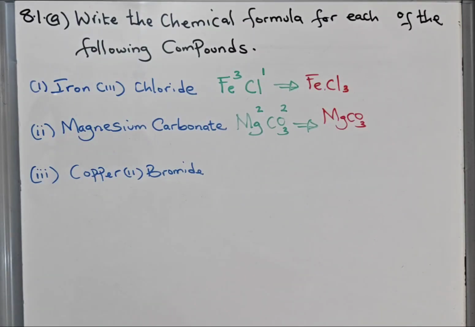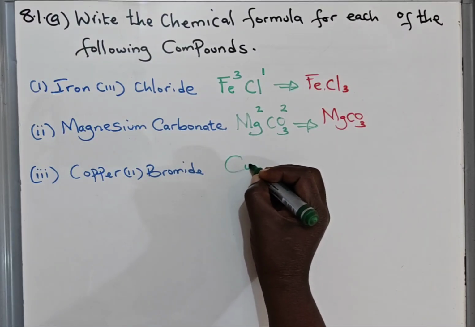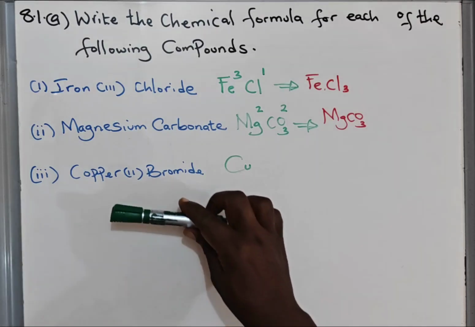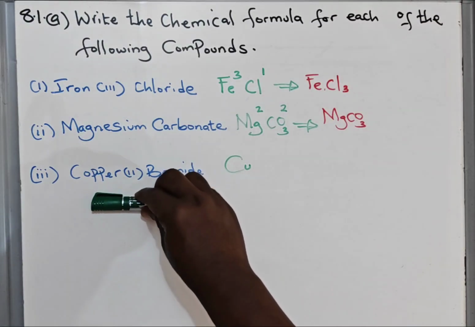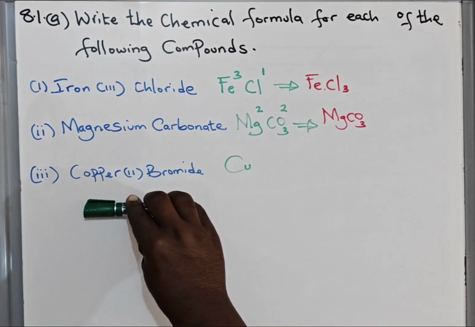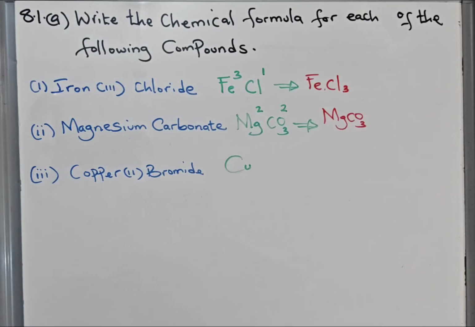Let us go to copper(II) bromide. The symbol for copper is Cu, and copper is a transition element normally existing in oxidation states 1 and 2, or combining power 1 and 2. But by putting this in brackets, they are telling you that the copper here has combining power 2, or valence 2.